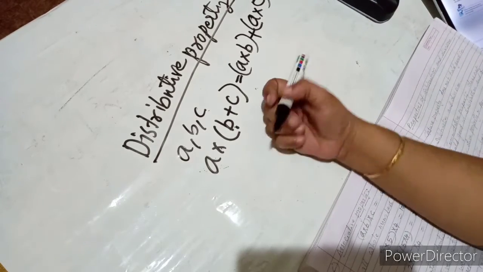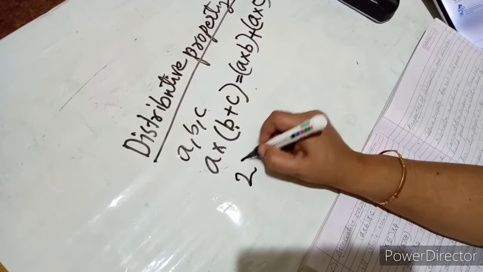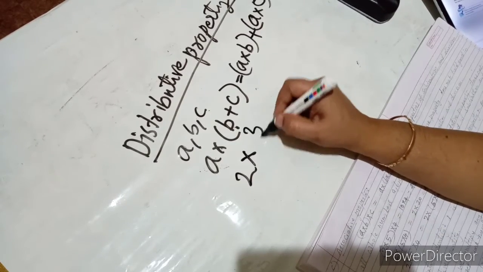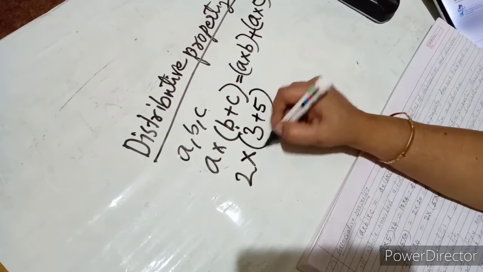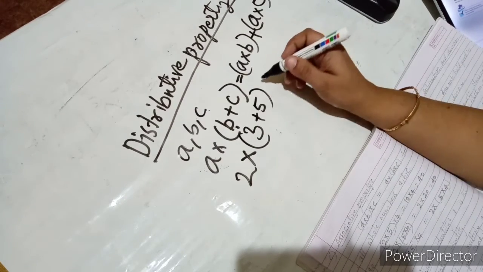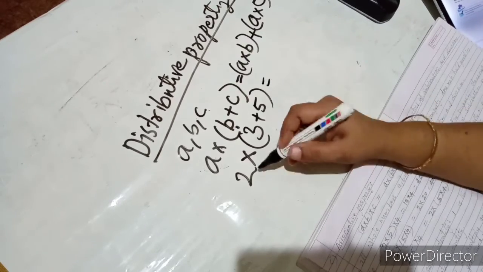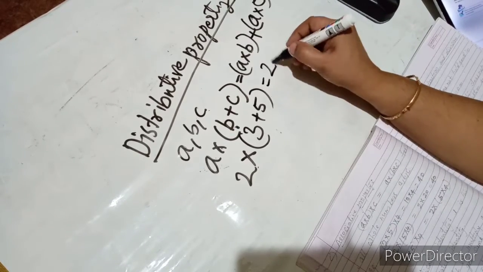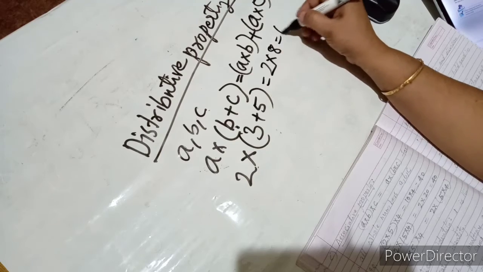So this is a very important property. For example, A is 2 and B and C are 3 plus 5. Then what we get here? This is nothing but 2 into 8, 16.